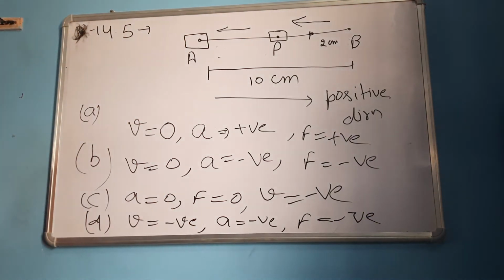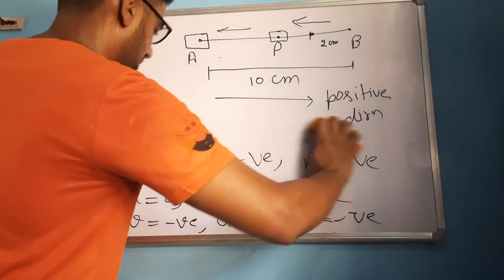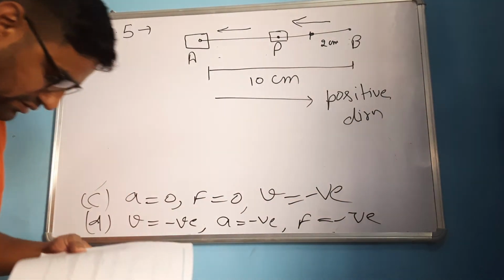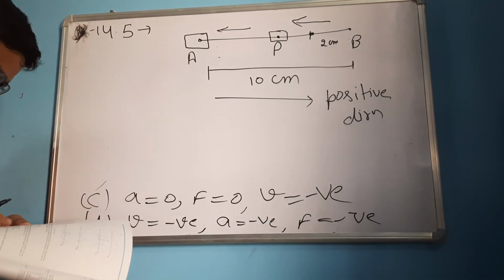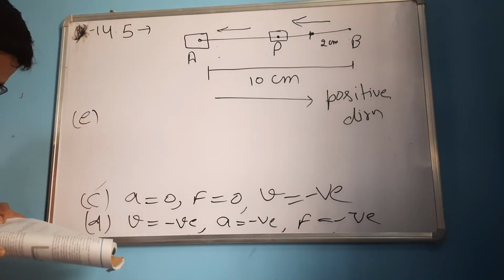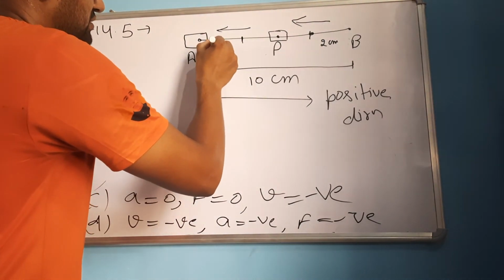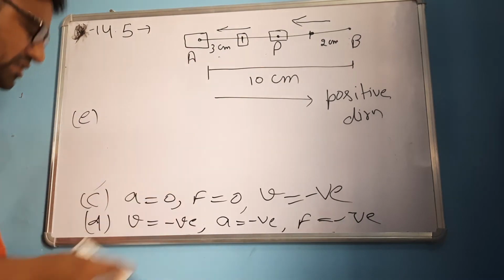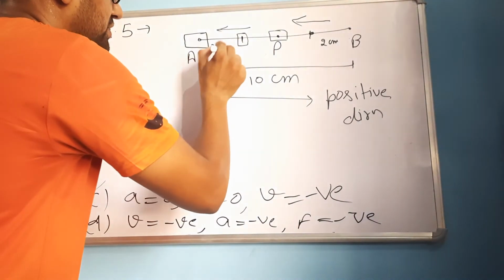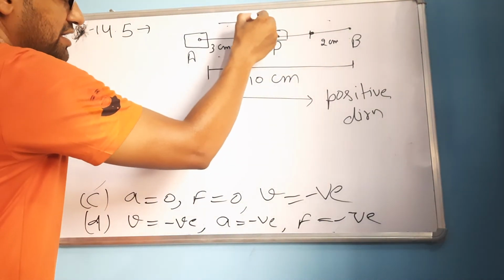Now we move towards the fifth part, at 3 centimeter away from A, going towards B. The position is somewhere here and the direction is this.